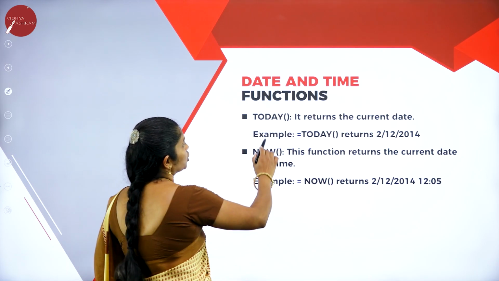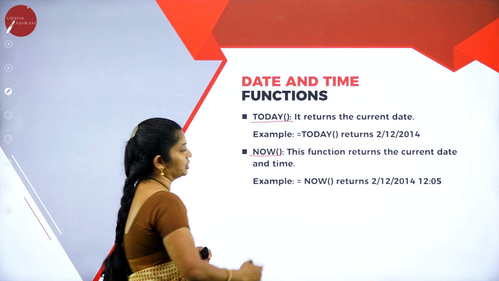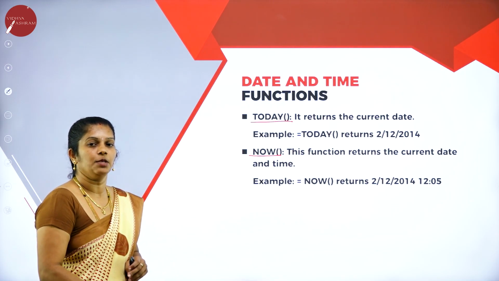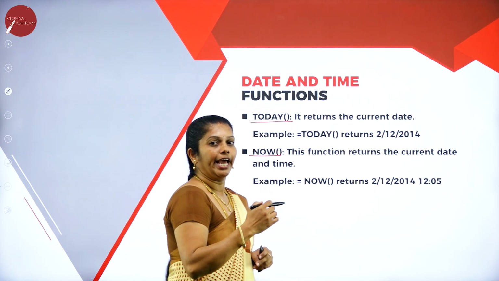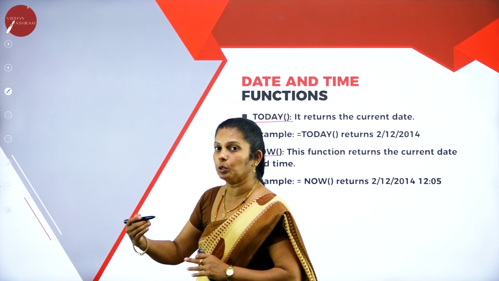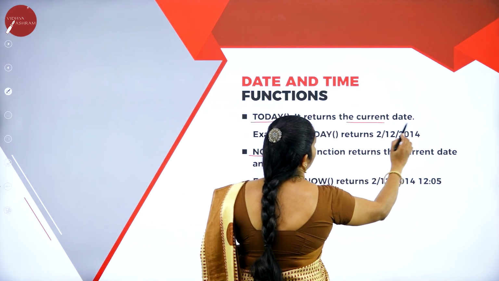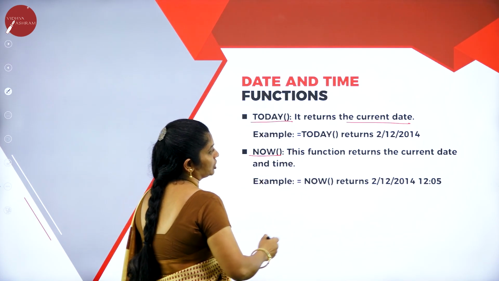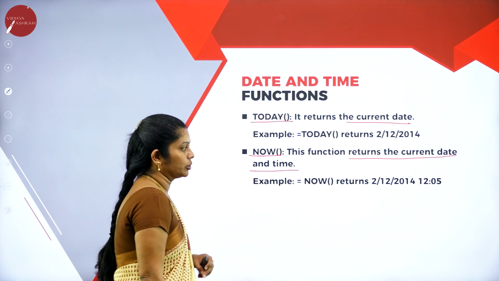The next one is the TODAY function. There is a difference between the TODAY and NOW functions. The TODAY function displays today's date only, whereas the NOW function displays today's date along with the time.